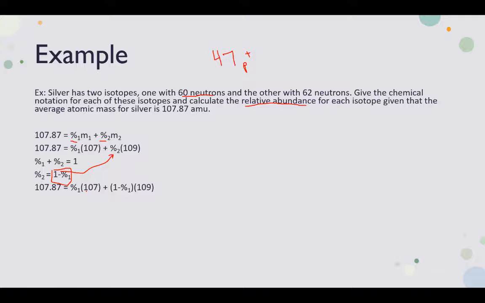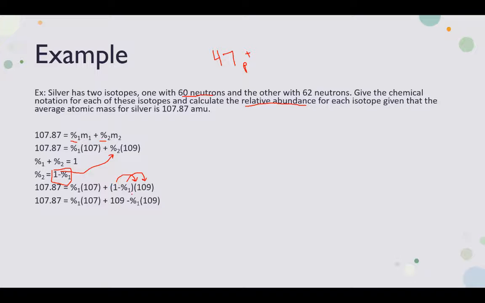And so I get this equation, right? 107.87 equals percentage 1 times 107 plus, and then I just substituted that in, 1 minus percentage 1 times 109. And now I use the distributive property. So I'm going to multiply both of these by my 109 to separate that out.